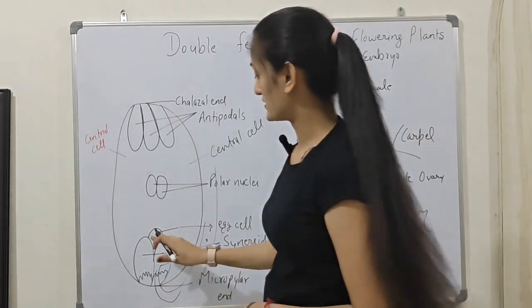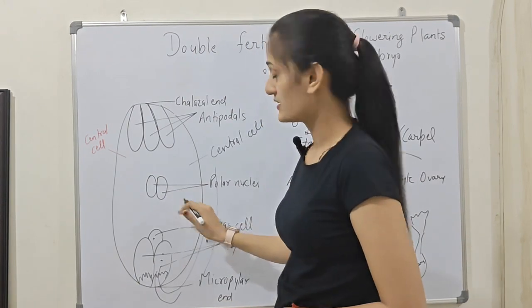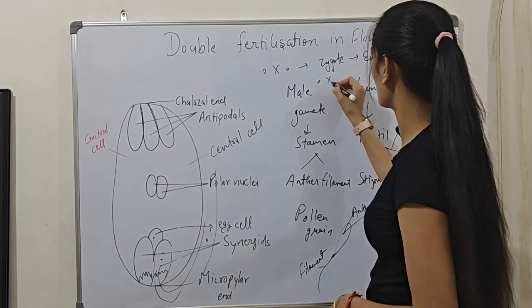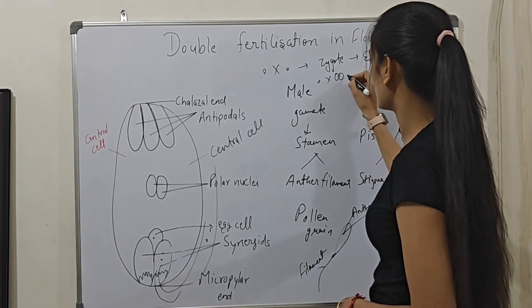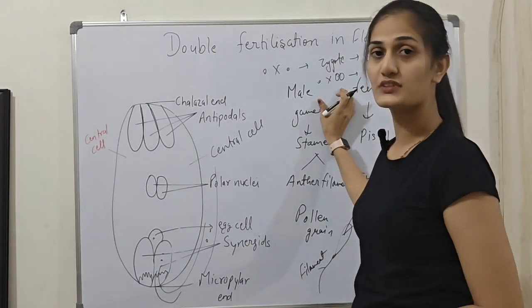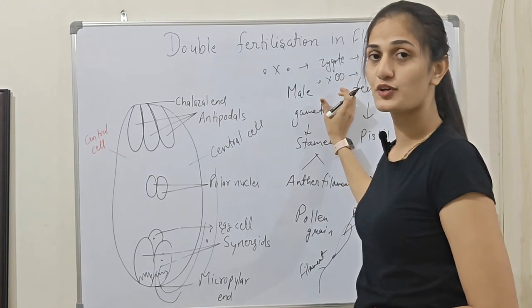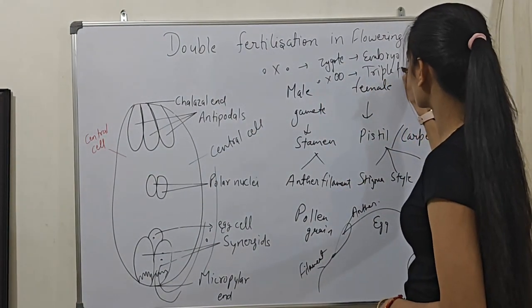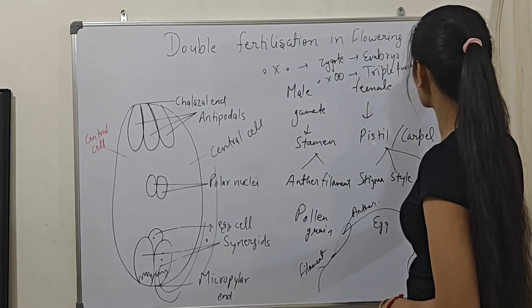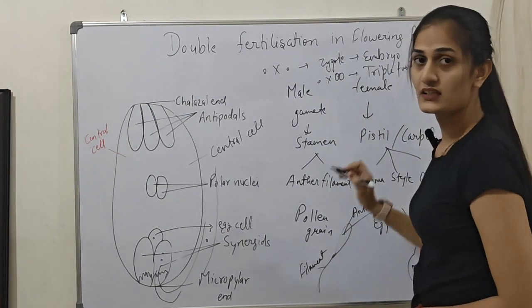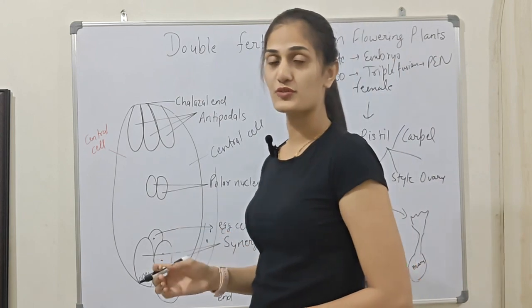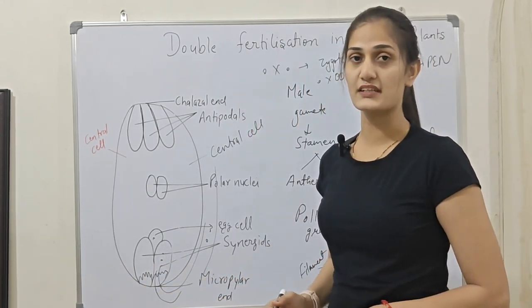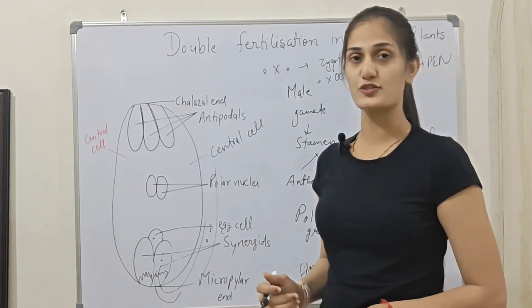The second male gamete then enters into the central cell, and then it fuses with the polar nuclei present in the central cell. Hence there is a fusion of three nuclei. This phenomenon is known as triple fusion, and the result of the triple fusion is the primary endosperm nucleus. Then the central cell gets converted into the primary endosperm cell.